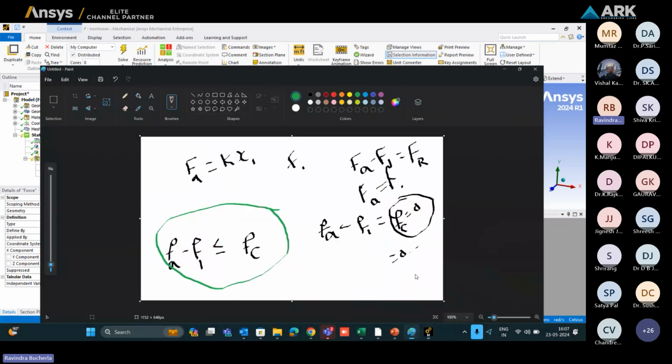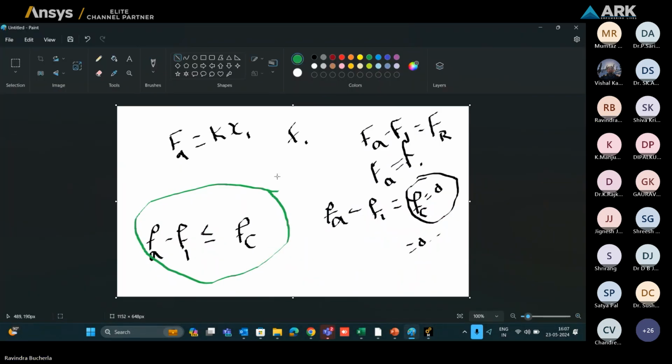You can see in the first problem I applied 250 newtons in a single step, from 0 seconds to 1 second. But now I modified it: from 0 to 0.2 seconds, I applied 50 newtons.